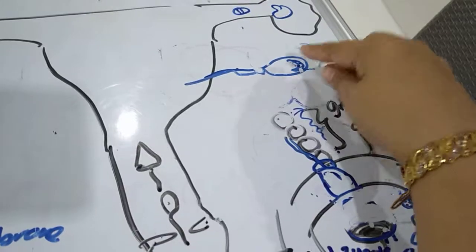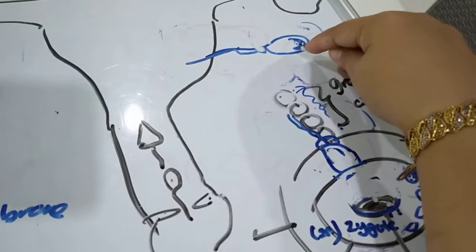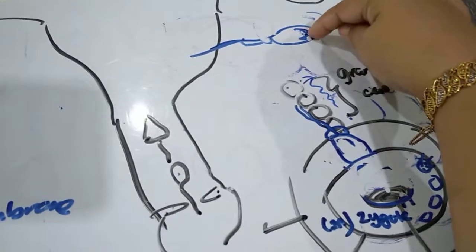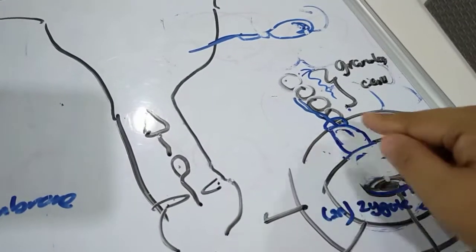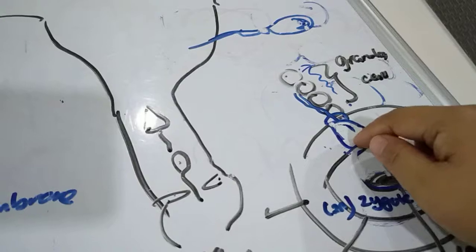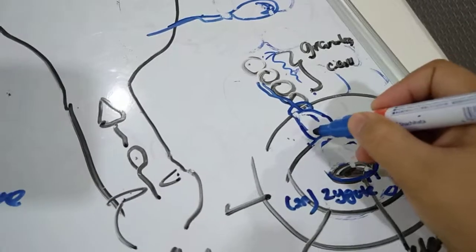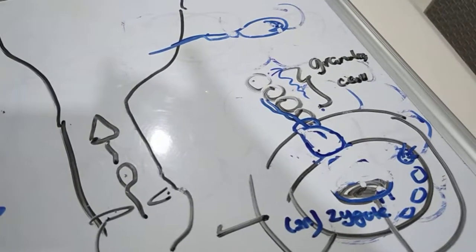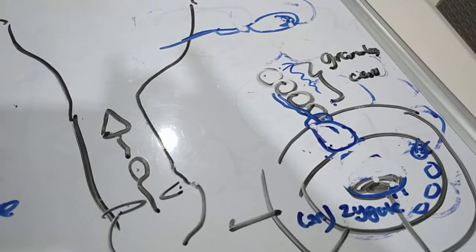Since the sperm head has acrosome and inside the acrosome structure has hydrolytic enzyme, when the sperm reaches the zona pellucida, the acrosome will release the hydrolytic enzyme to digest the zona pellucida so that the sperm is able to penetrate the zona pellucida. Okay, so that is called acrosomal reaction. When the acrosome structure releases hydrolytic enzyme to digest zona pellucida, it enables the sperm to penetrate zona pellucida.